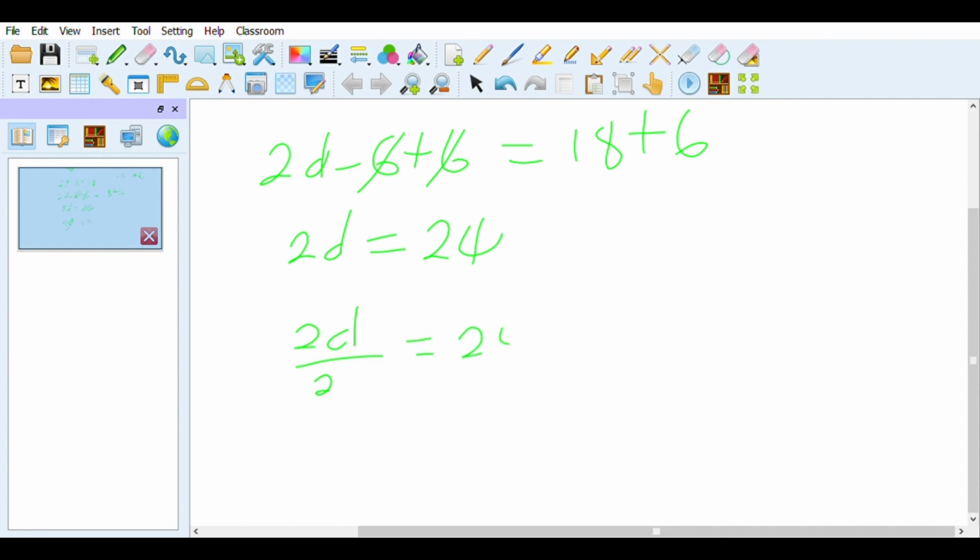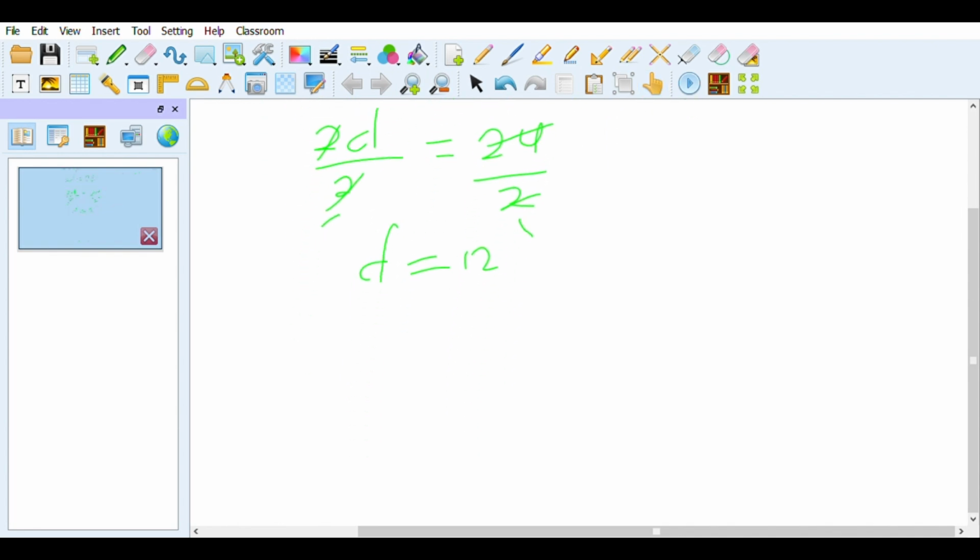So 24 we also divide by 2. What we do to the left hand side, we do to the right hand side. 2d divided by 2 gives 1d, and then 24 divided by 2, we have 12. Okay, so if you have addition or subtraction and multiplication together, make sure you do addition or subtraction first.